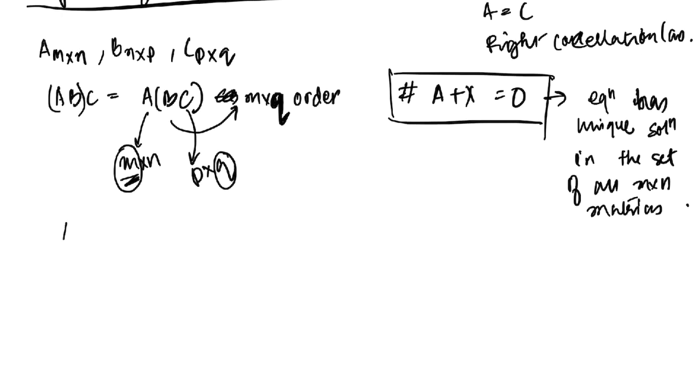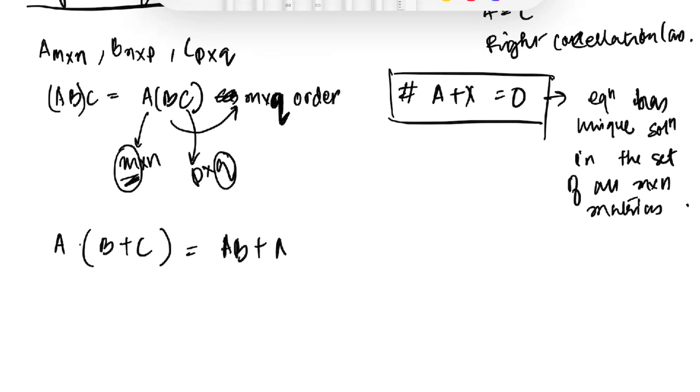Now if you have A m cross n, let's say A plus B, just a minute, so if you have A into (B plus C), alright, so distributive law apply होगा, okay?